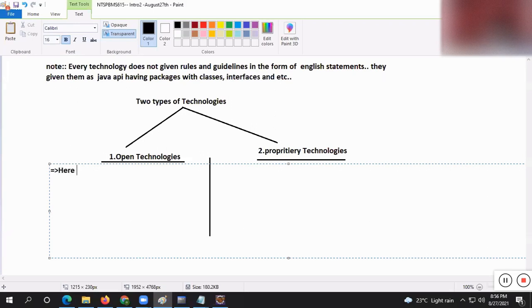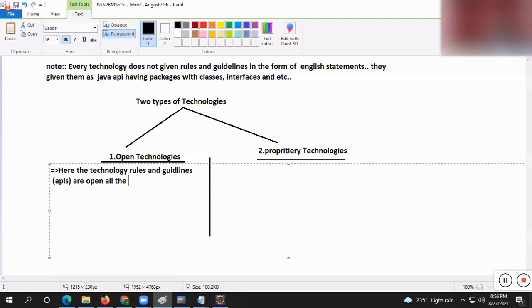So here, the technology rules and guidelines, that means APIs, are open to all the vendor companies to create implementation software. A vendor means the one who creates something. IKEA is a furniture vendor. Paradise Hyderabad is a biryani vendor. Restaurants are food vendors.